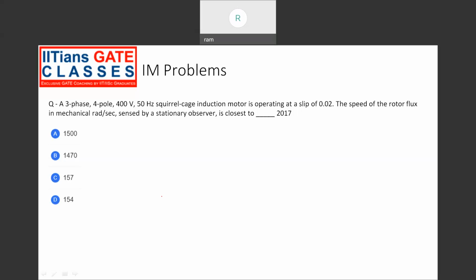The speed of the rotor flux is nothing but the speed of the rotor.